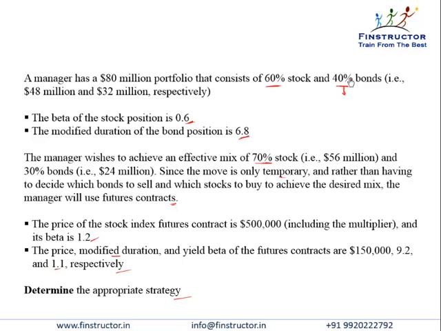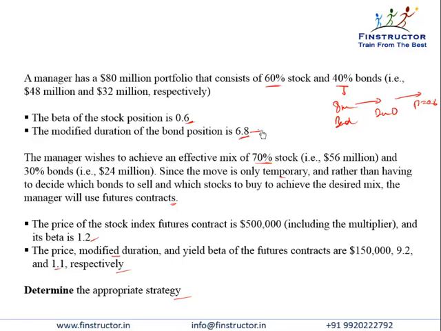So 10% of the total portfolio has to be converted from bonds to equity. So 10% of the total portfolio would be a value of 10% into 80, that is $8 million. So $8 million of bonds have to be first converted to a duration of 0 and then taken up to a beta of 0.6, because that is the beta of our equity position.